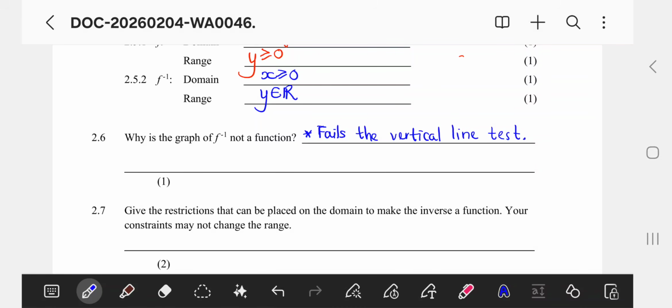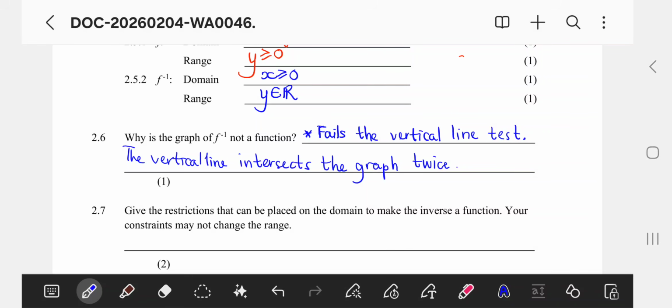And I'm just going to elaborate on this point, okay? So the vertical line intersects the graph twice. That's a very simple way to say it.